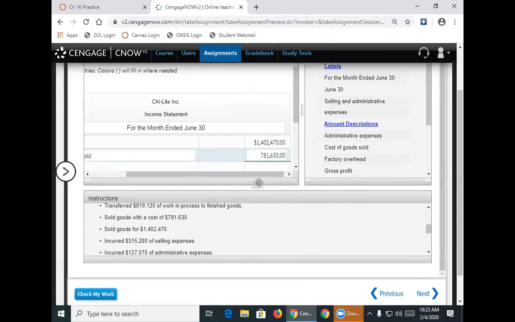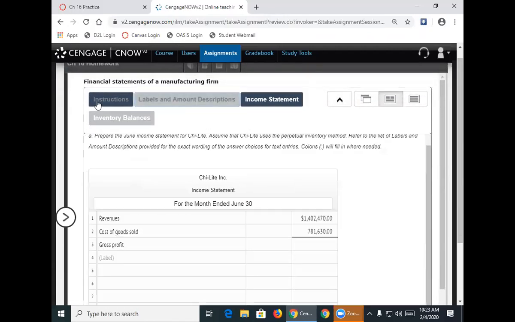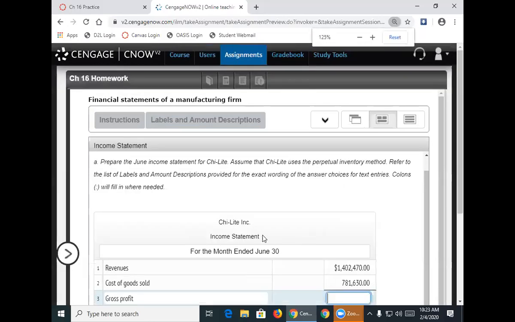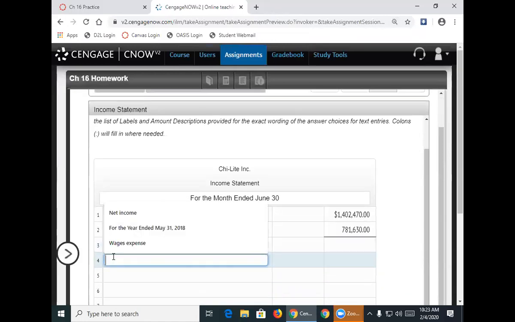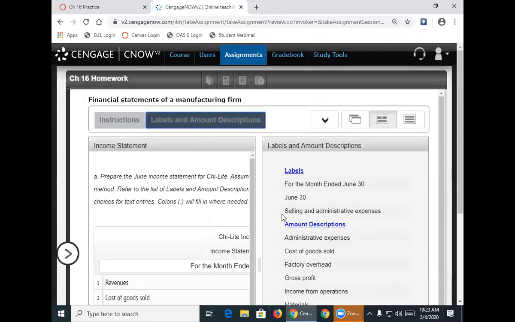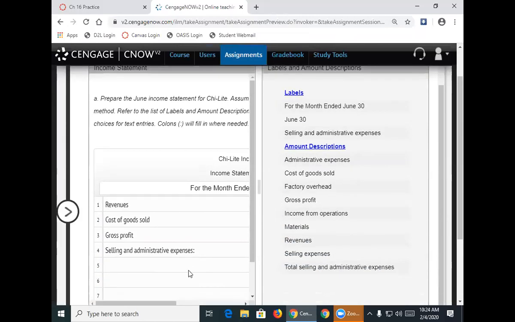That one shouldn't be too bad because they give you that. So from gross profit, you would take out your selling and administrative expenses. You would subtract that from gross profit, and then you would put selling expenses and administrative expenses.